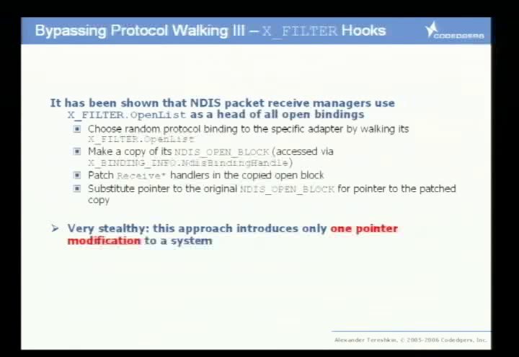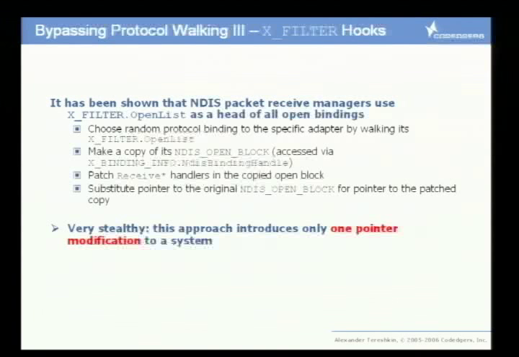The next solution is to patch the X-filter structure. We will find the X-filter list by looking into the NDIS miniport block structure, for example, for the Ethernet data link layer.